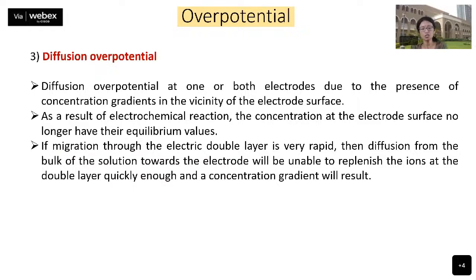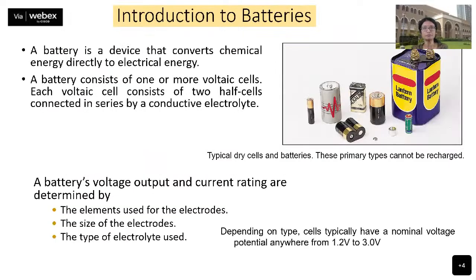So if your migration through the electric double layer is very rapid, then diffusion from the bulk of the solution towards the electrode is not fast enough to replenish the ions in the double layer quickly. And so what you get is a concentration gradient. And because of this concentration gradient, you have a diffusion overpotential. So that is why whenever you apply potential for an electrolytic reaction in practical cases, there is always an overpotential issue.